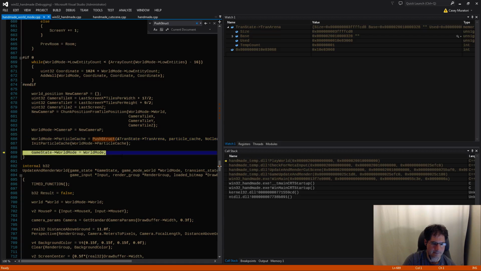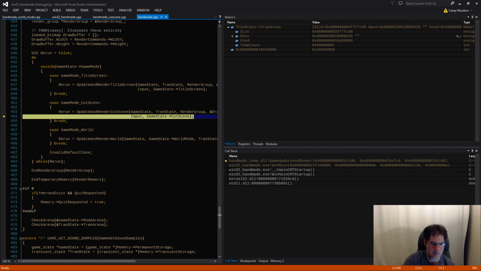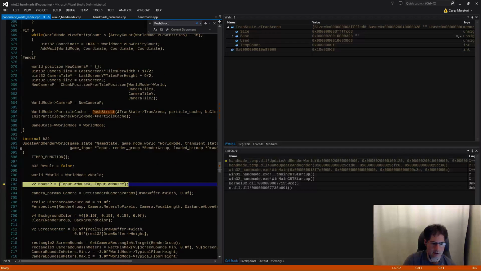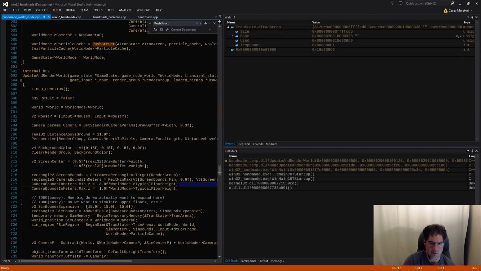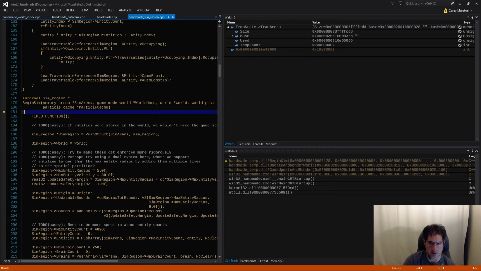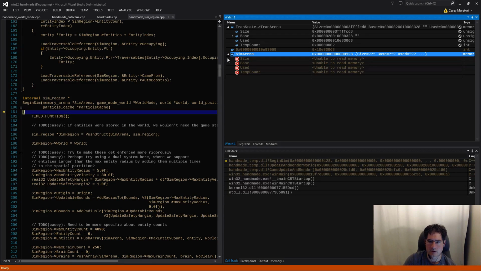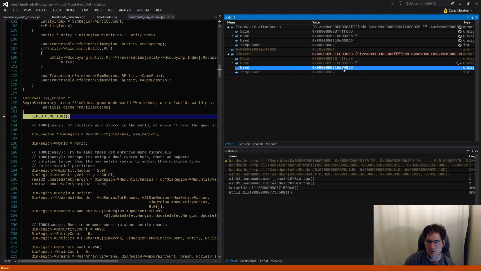And now, if I look at the correct value, it should go up. Right, so there we are with the memory where we expect it to be, which is good.